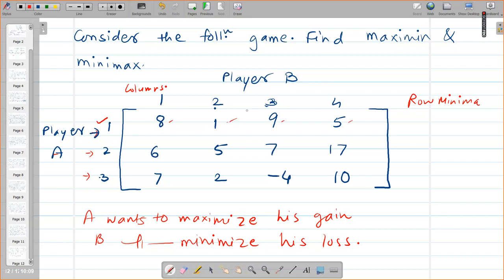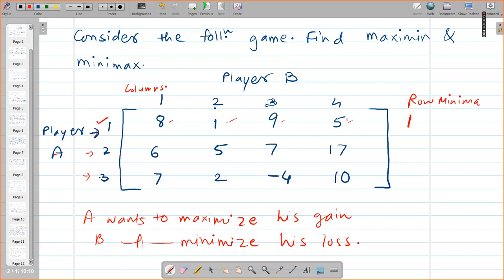What he is interested in? To minimize loss. Exactly. So naturally, from all these 4 strategies, player B should go for that strategy which will minimize his loss. And that's why I'm going to find out minimum among every row elements. Are you getting me?